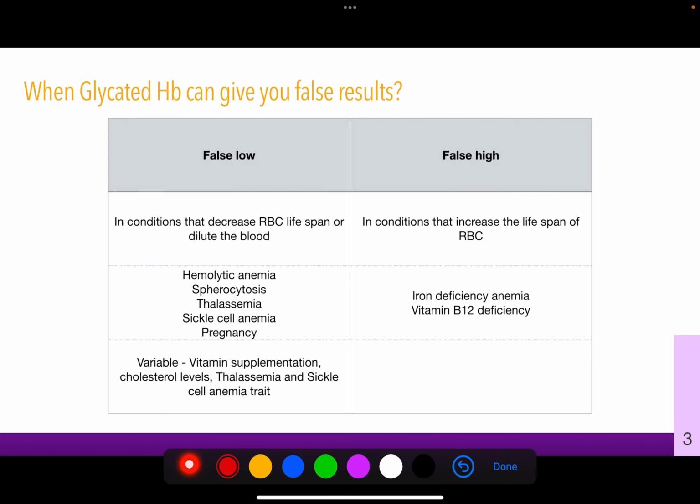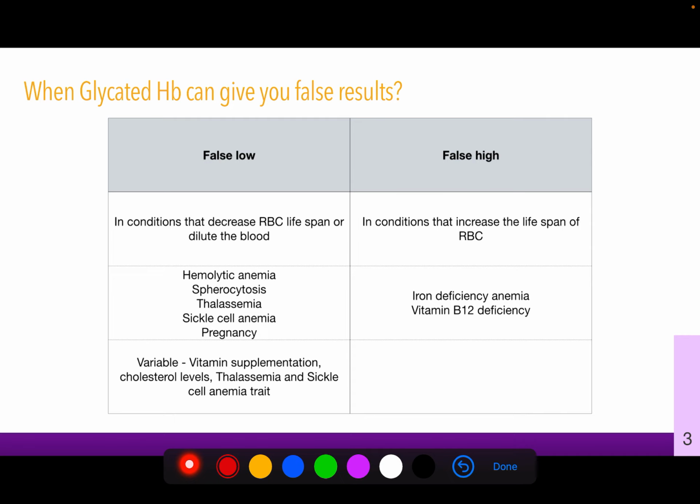Now, because we use this in and out, you should always know when to be very cautious about glycated hemoglobin levels. There are certain conditions which can show false low HbA1c, and some conditions that can show false high HbA1c levels. What you should remember is, if there is any condition that is reducing the lifespan of RBCs, that will show falsely low HbA1c levels.